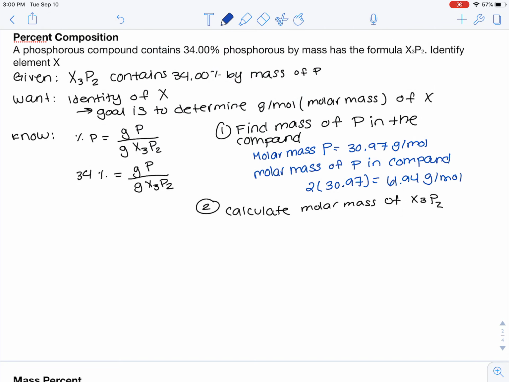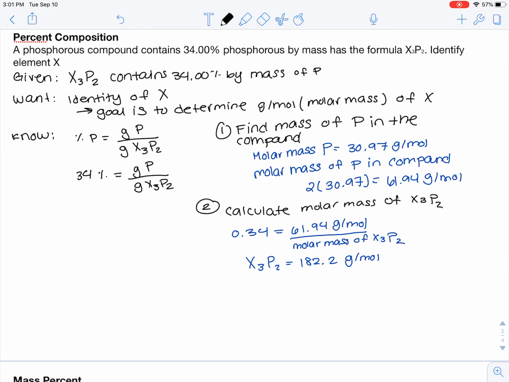So instead of a percent, I take 0.34 equal to 61.94 grams per mole over the molar mass of the compound. And you rearrange and solve and find that the compound is equal to 182.2 grams per mole.